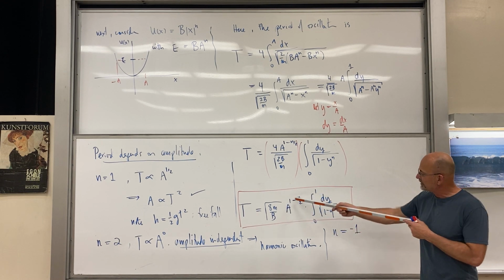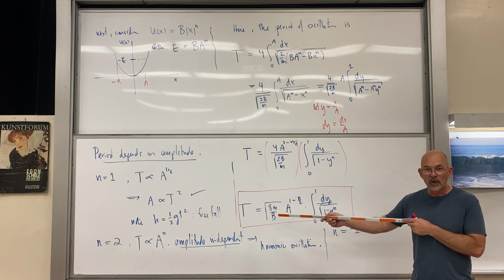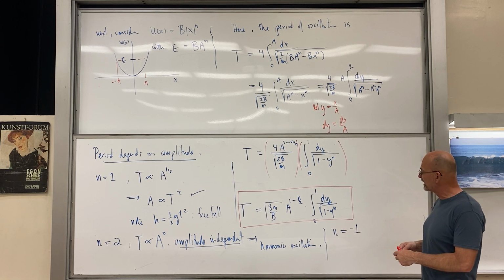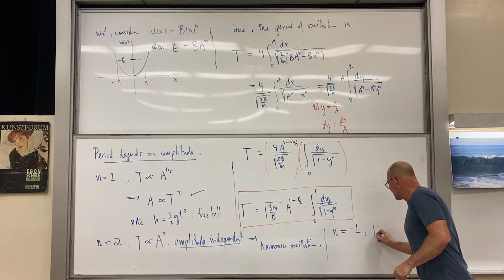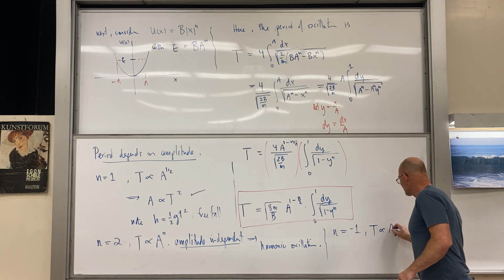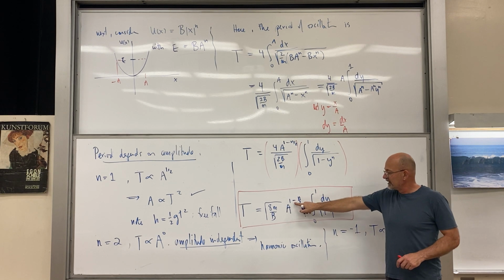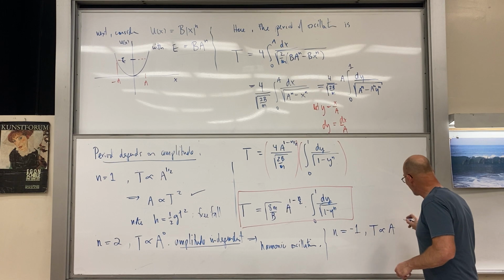But in terms of this amplitude independence, that's still going to hold true. So we'll go ahead and use this n equals -1, and we get period is proportional to the amplitude to the 1 minus -1/2. So 1 plus 1/2, 3/2 power.